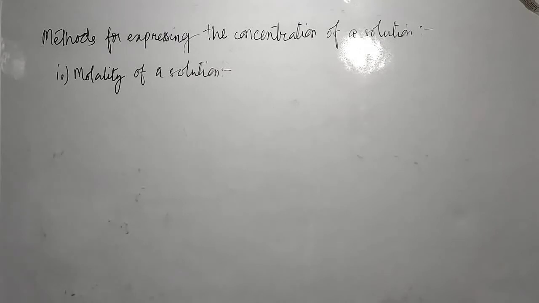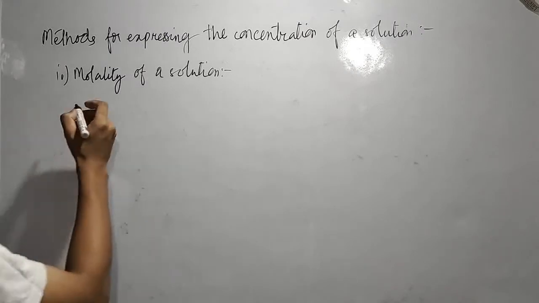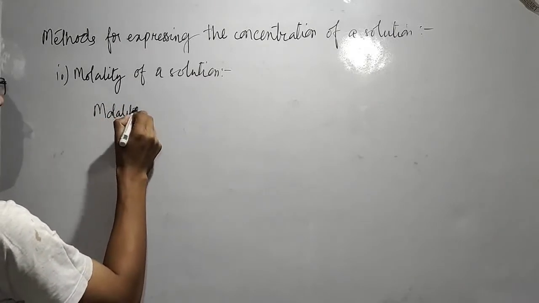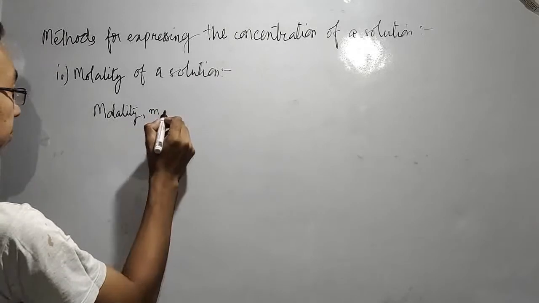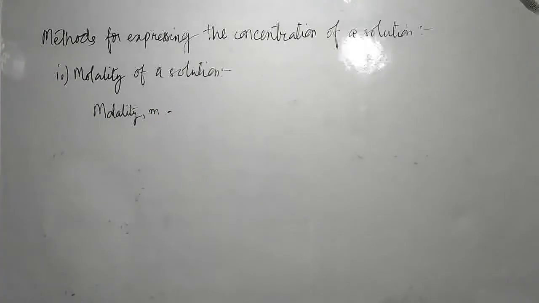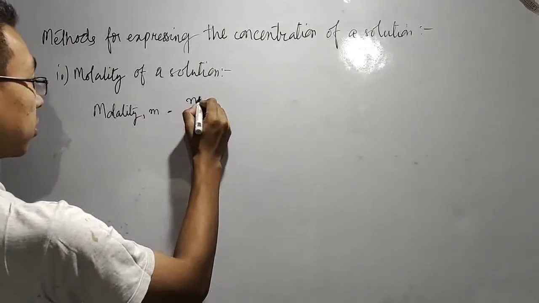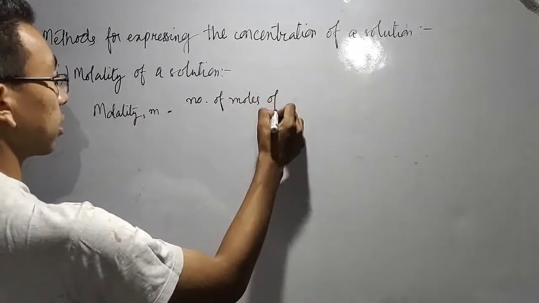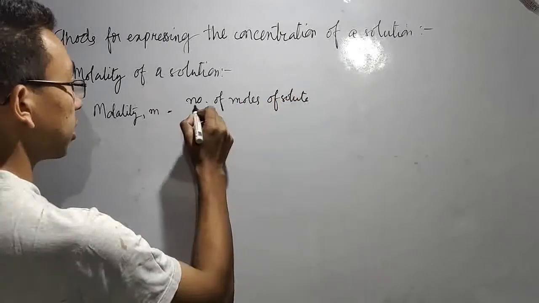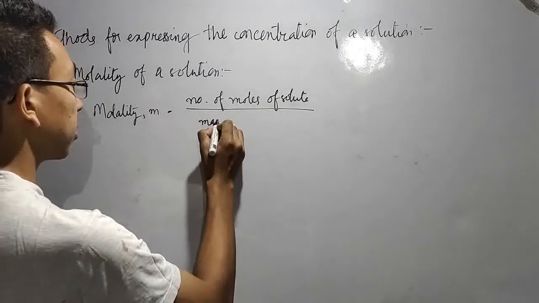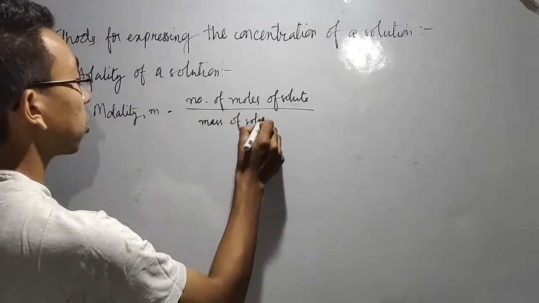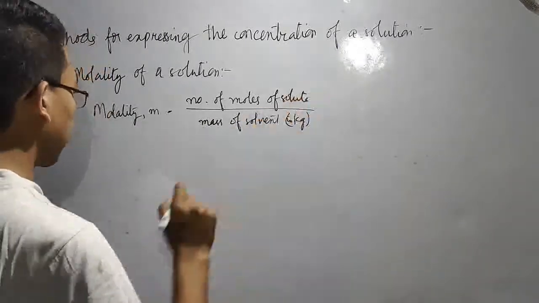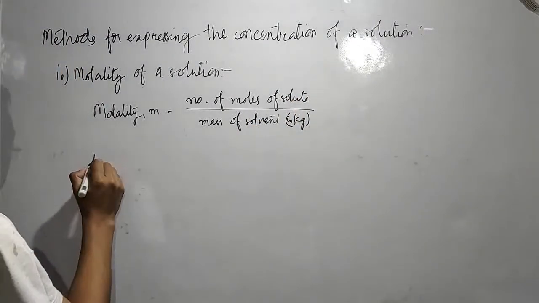Molality is given by the number of moles of solute divided by the mass of solvent. If it is in kg, we don't multiply by 1000.